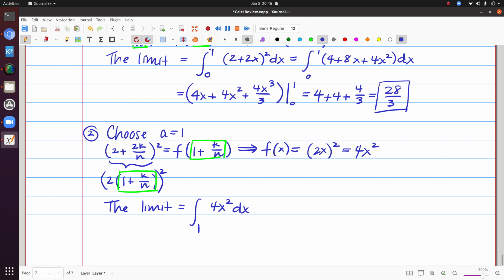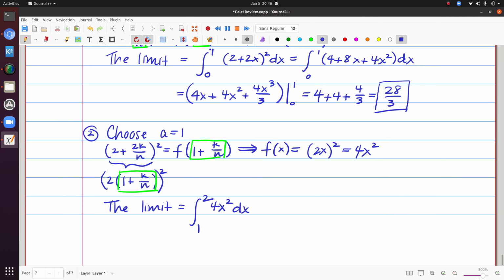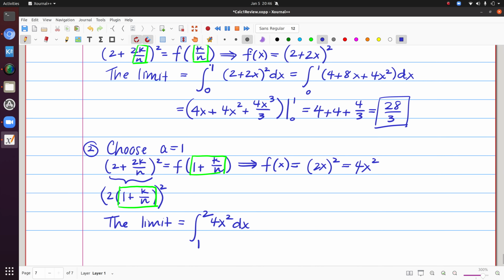The length of the interval from our delta x is still 1. So b would have to be 2 in this instance. And although this looks different, right? This is a different definite integral. What you should be able to check is that we get the same numerical answer when evaluating this here. And importantly, you could choose any value for a, and you'll get a paired function f of x, but these are all going to be equivalent expressions that give me the same numerical value for that limit.